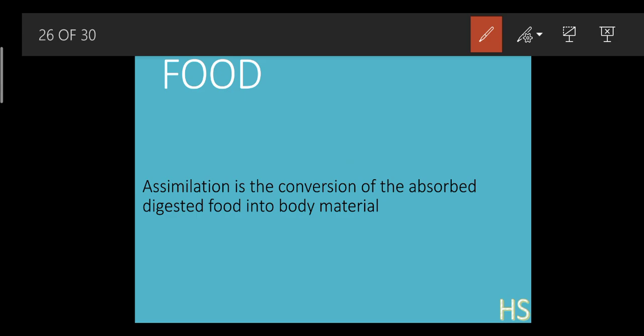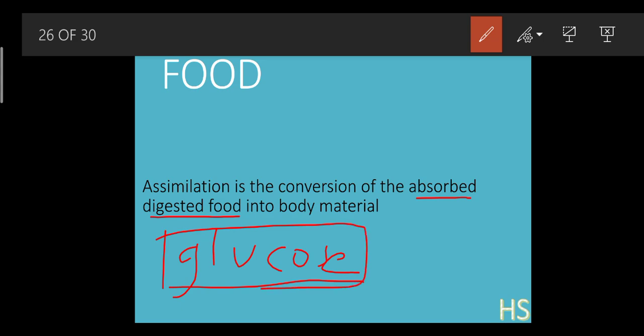Now see, into what can get easily digested: glucose. From which foods do we get a lot of glucose?